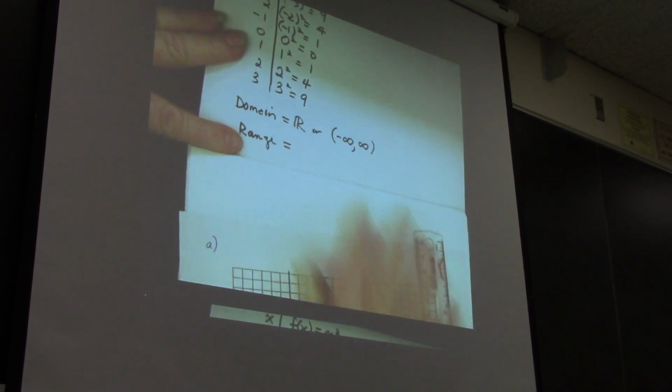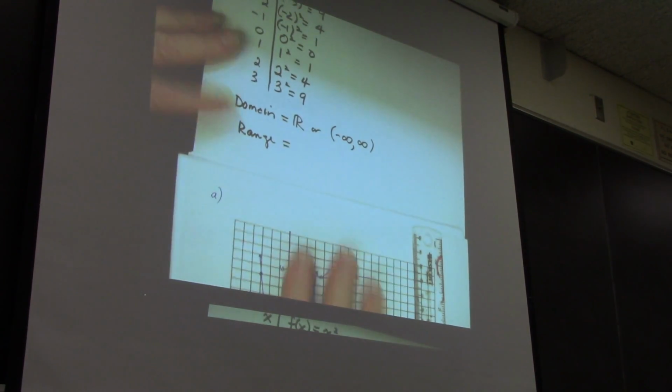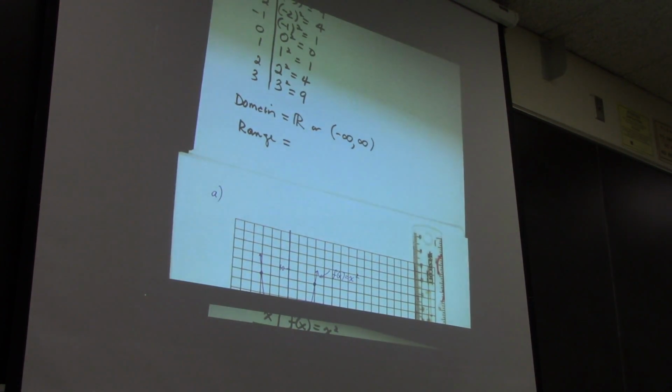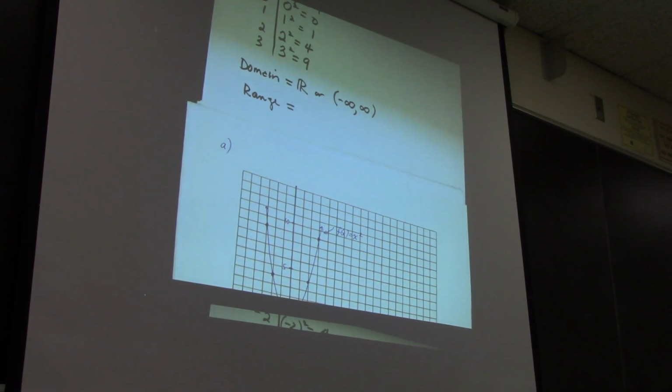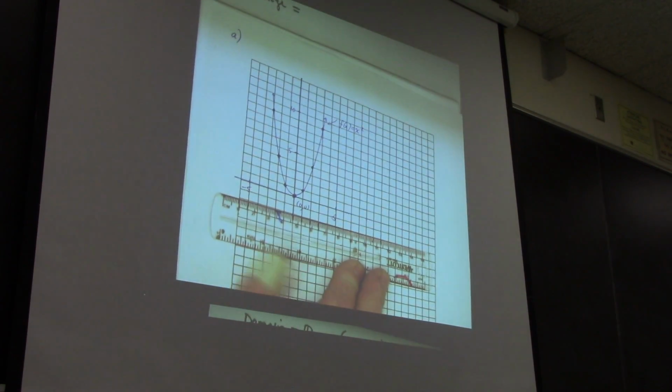Now, the range of the function, we really can't find the range just from the equation. We really need to have the graph in front of us, or at least be thinking about what the graph looks like. So for the range, is y equals negative 2 in the range?